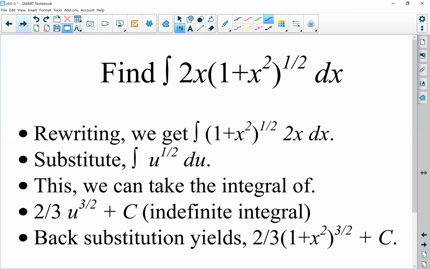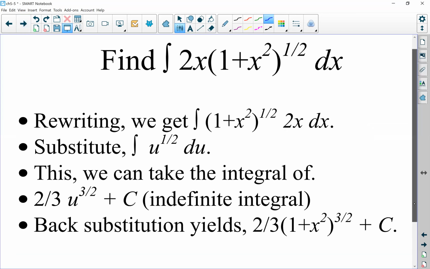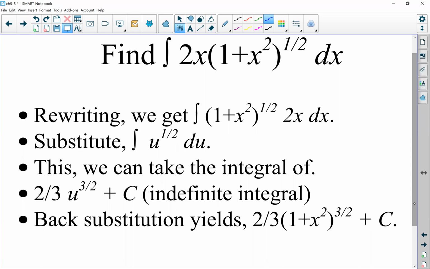So we put that plus c. And then the last step: great that we have it in terms of u, but our original integral was in terms of x. So we want to back substitute or reverse substitute, however you want to think about that, to get 2/3 times the quantity 1 plus x squared to the 3/2 plus c.